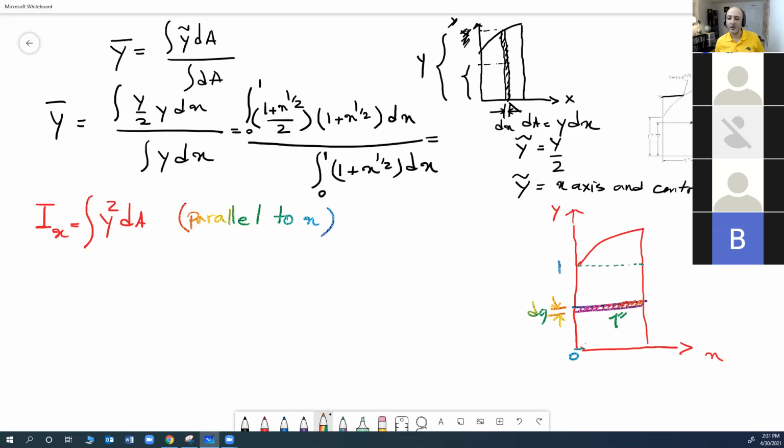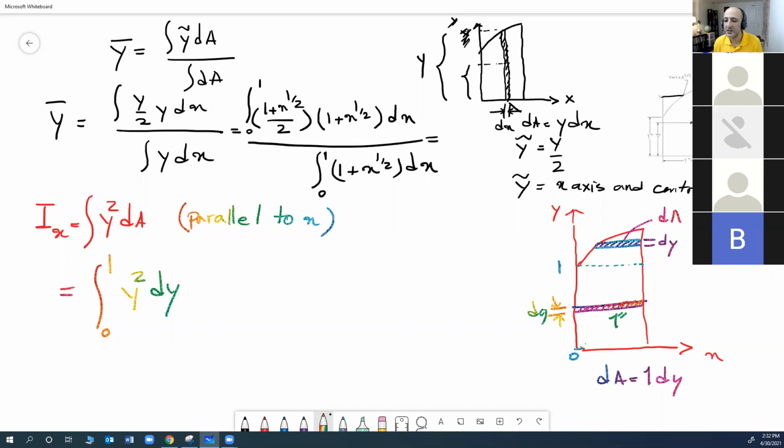My dA is going to be 1 inch dy. That's it. So I'm going to have the 2 integrals as before. From 0 to 1, I'm going to use this dA. So it's going to be y squared dy. And then for the second part, I'm going to use its other dA. So it's going to be dy.